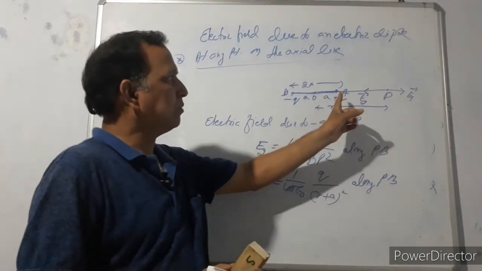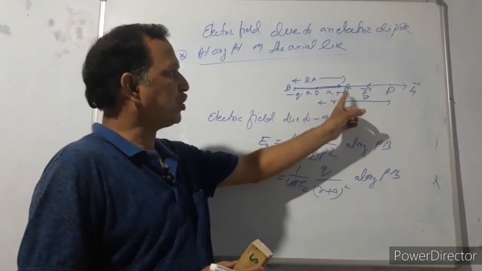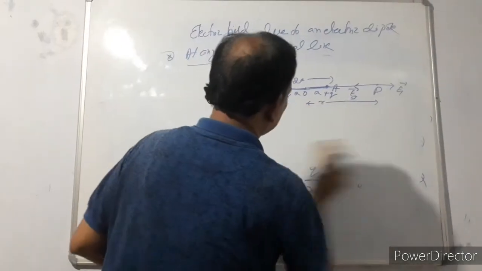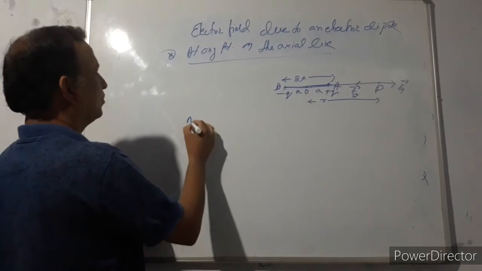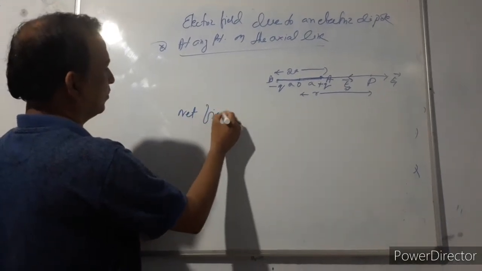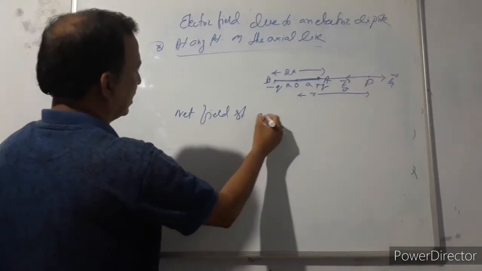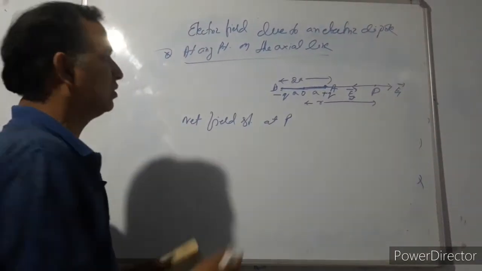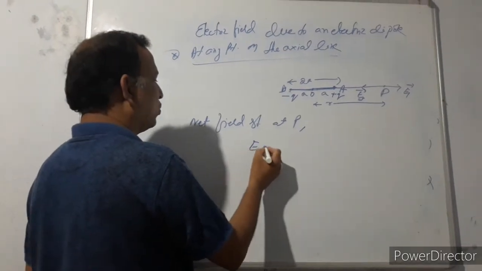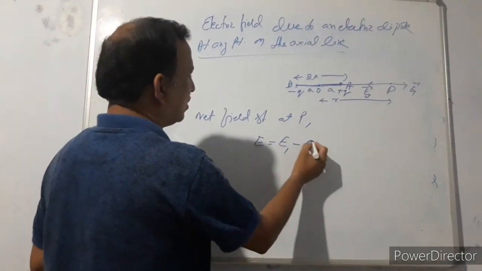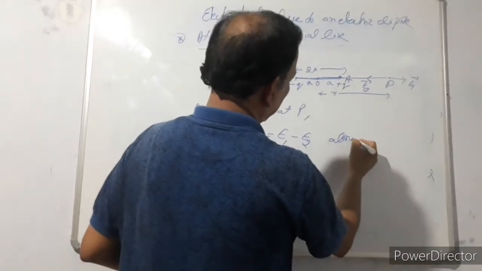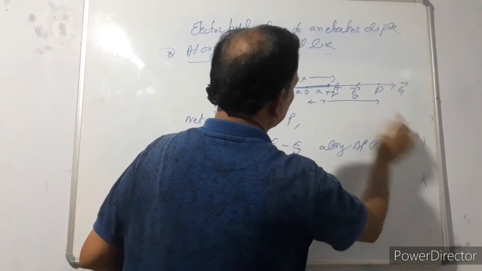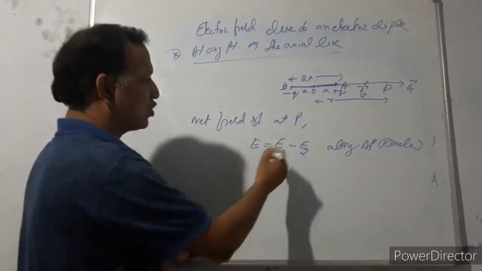Now, net field intensity, or net electric field strength, means E1 minus E2, so the field at P produced by plus q and minus q. So the net field strength at P due to the dipole, E is equal to E1 minus E2 along AP produced, towards the positive charge. So what is E1?